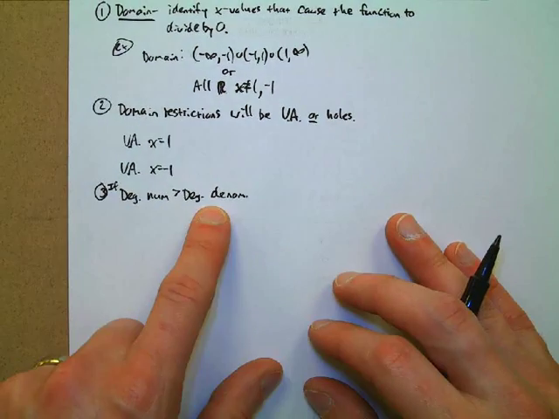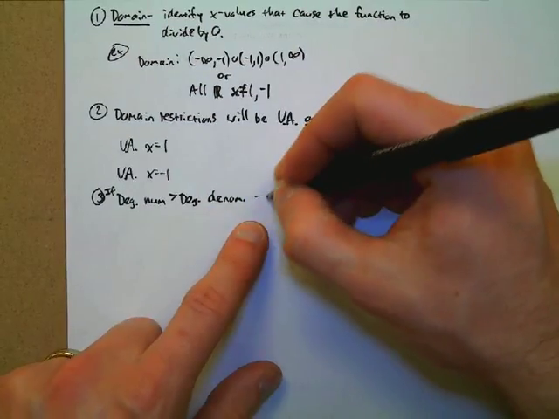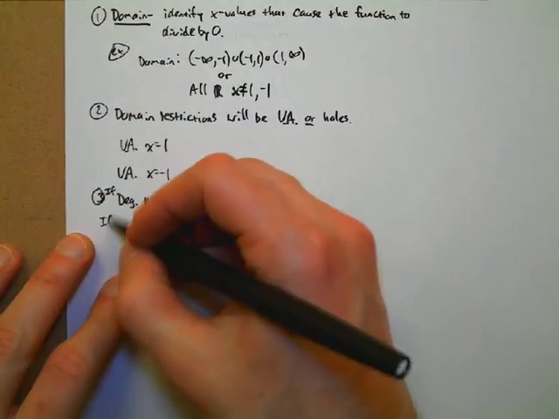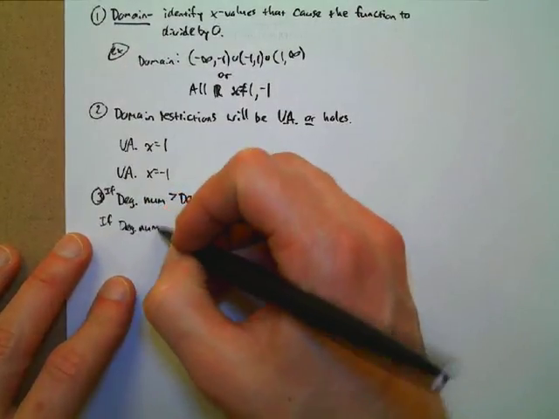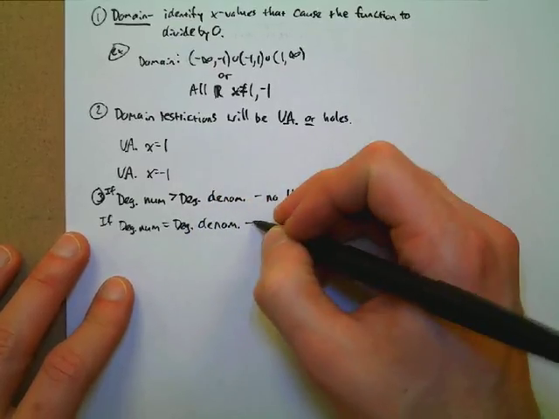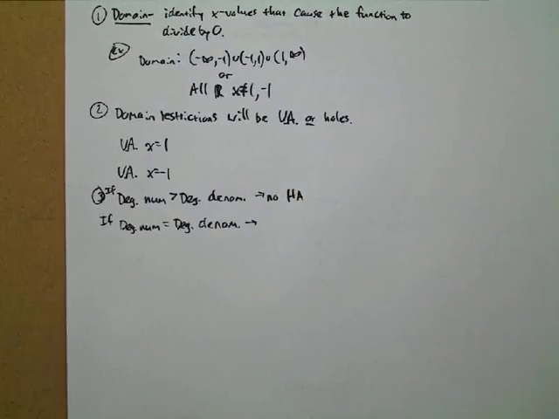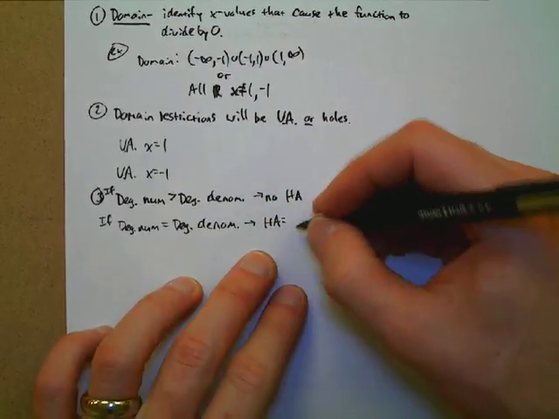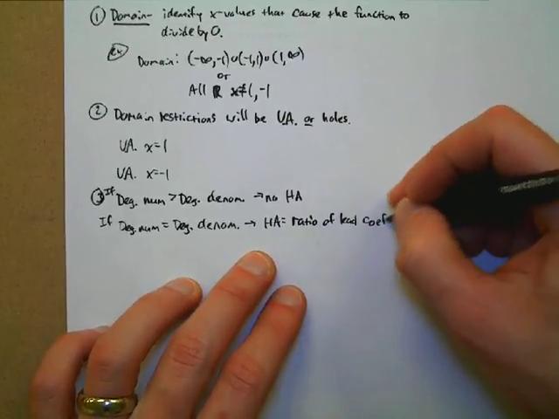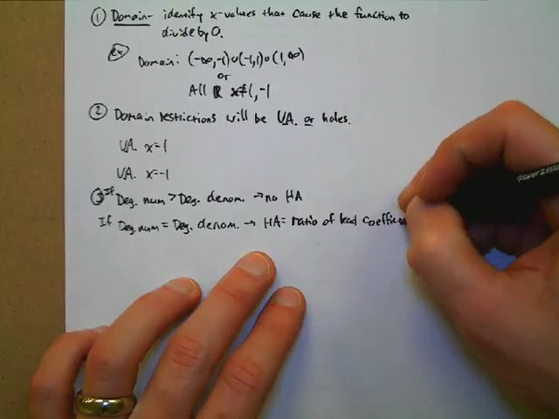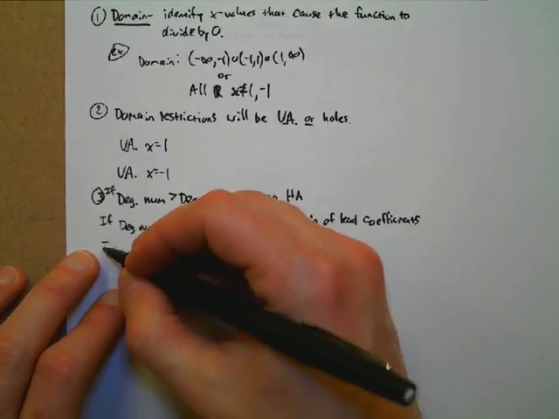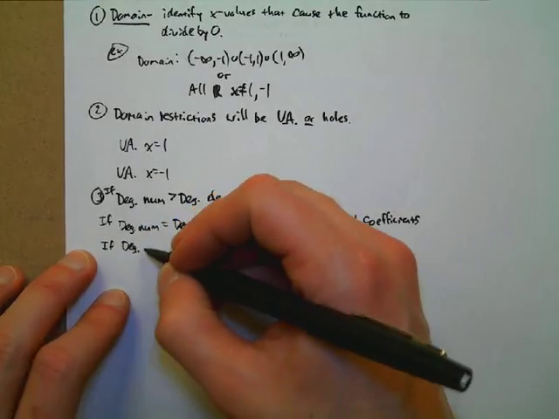If the degree of the numerator equals the degree of the denominator, then the horizontal asymptote is equal to the ratio of the lead coefficients. And finally, if the degree of the numerator is less than the degree of the denominator, then the horizontal asymptote is at y equals 0.